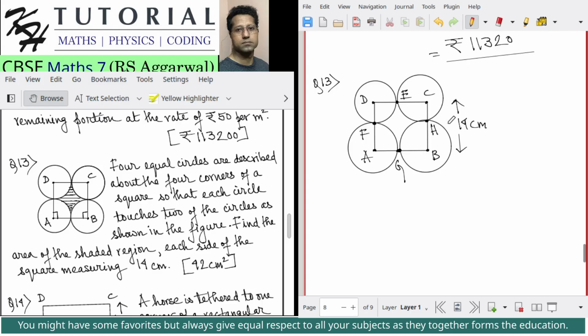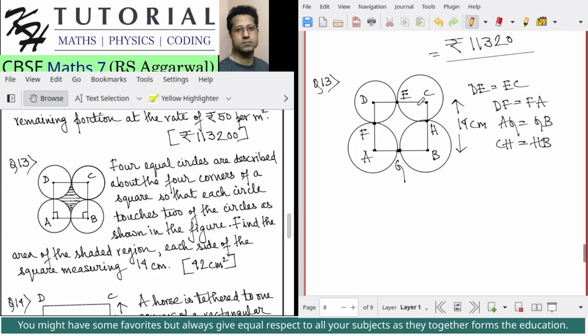the point H. Now the concept is that the point E at which the 2 circles are touching will be the midpoint of DC. That is, DE will be equal to EC, and DF will be equal to FA. Similarly, AG will be equal to GB, and CH will be equal to HB.